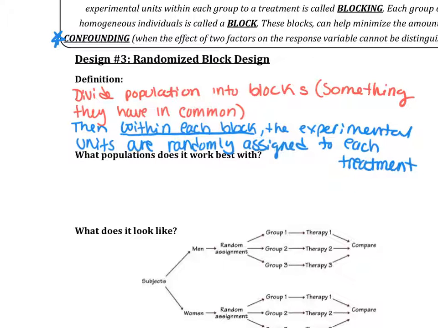So this part is kind of like the completely randomized experiment that we did yesterday. So you divide them into groups, and then you're doing separate mini experiments basically in each block.